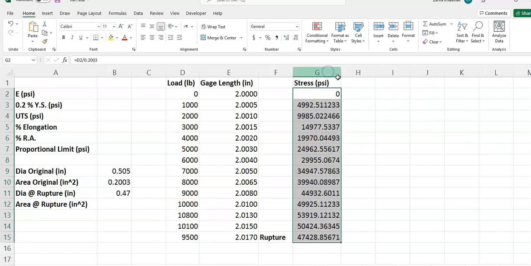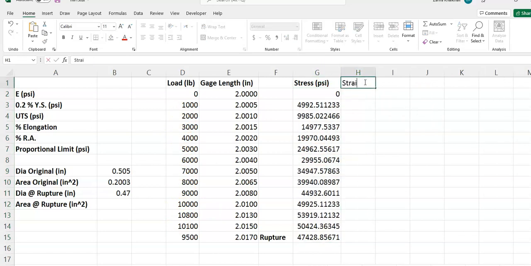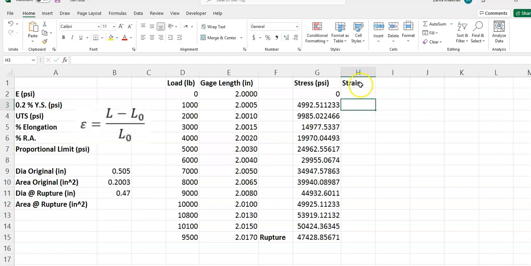Next column, I'm going to create strain. Strain is a dimensionless quantity, and remember that strain is changes in length, so elongation divided by the original length. So the original length of our sample is 2 inches.